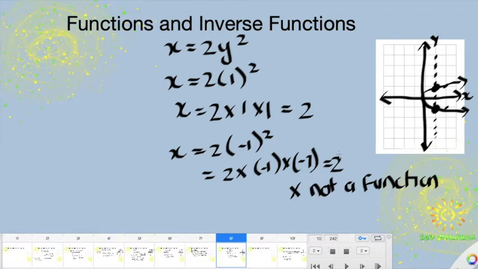Because we're getting the same value for different values of y, and therefore this relationship graph that is not a function is a many to one relationship.